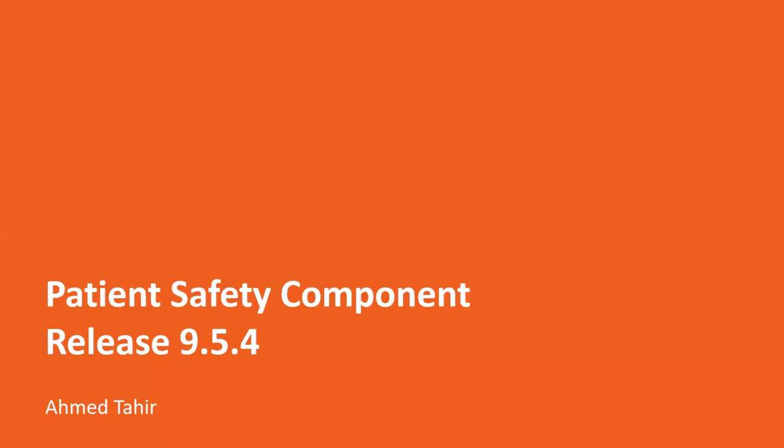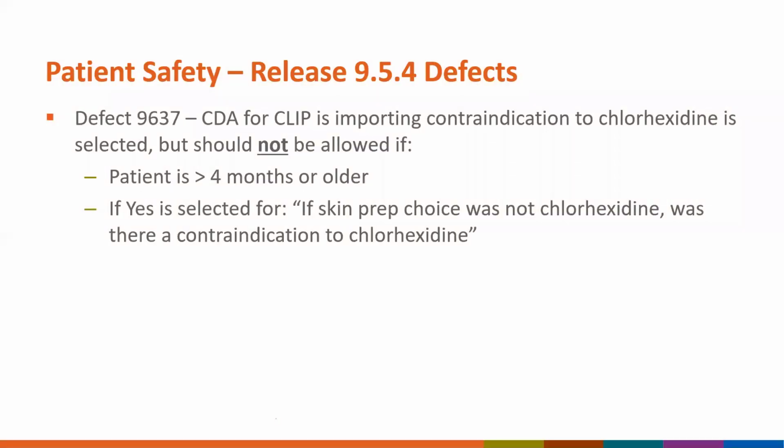Next, I'll review one CDA update in the upcoming 9.5.4 release in the patient safety component. Defect 9637 corrected a CDA-only error. CDA is allowing import for the question, if there was a contraindication to chlorhexidine, indicate the type of contraindication.